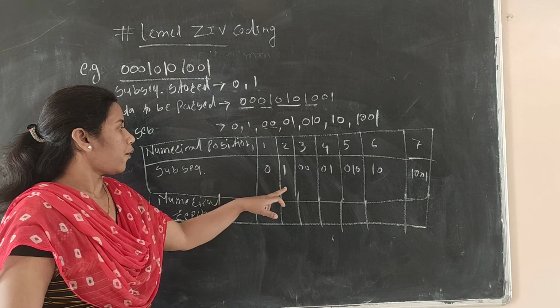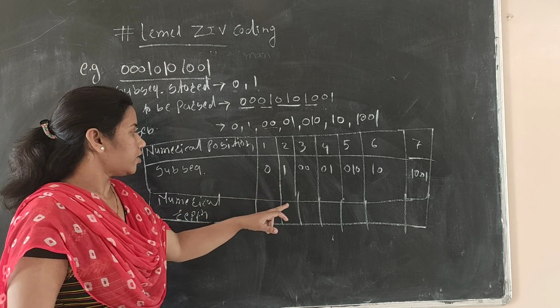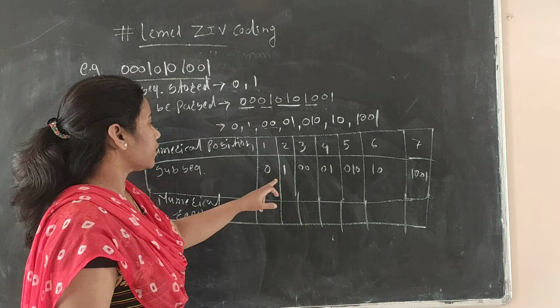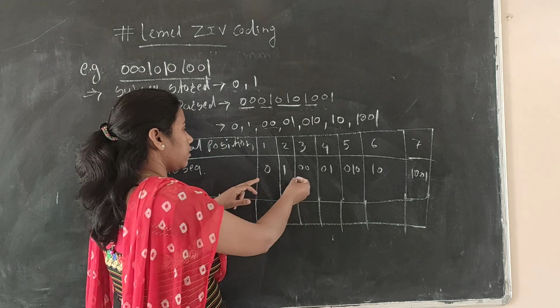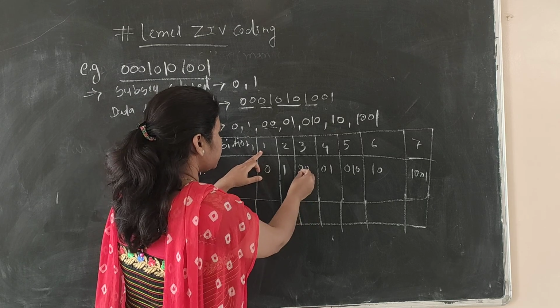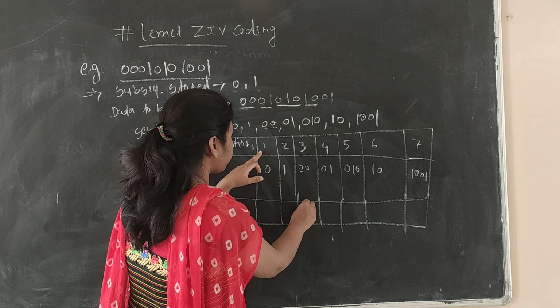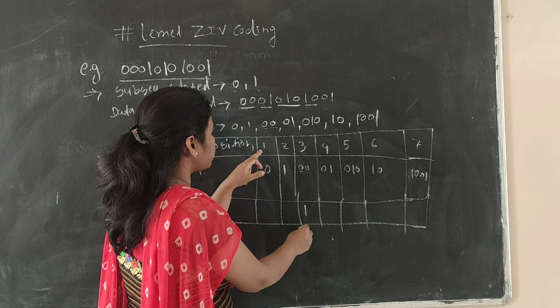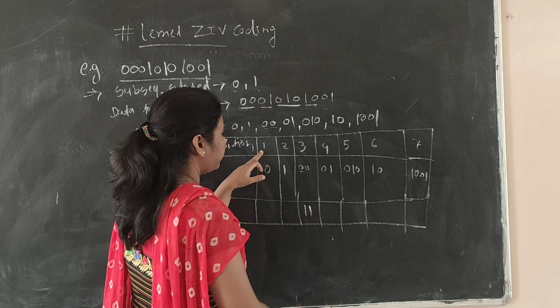As it is 0 and 1, there is no need to write the numerical representation here. For this 0 0, this 0 is at the numerical position 1. Again this 0 is at numerical position 1.